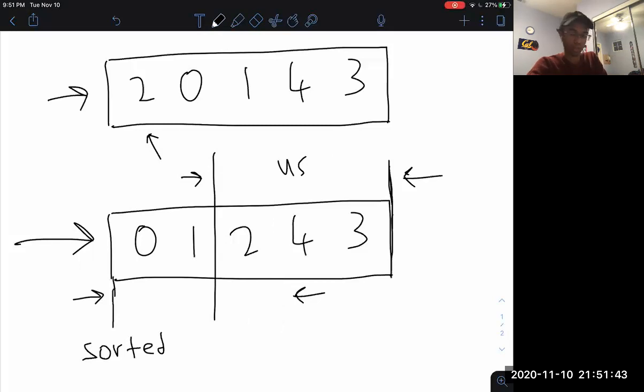But selection sort hasn't actually gotten to the point where it's processed this 2 yet. And because it was a rightward movement compared to the start position, we don't really know if 2 is in a sorted position or not.